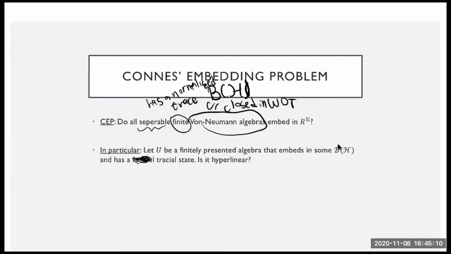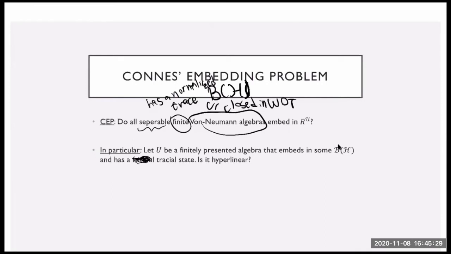And some algebras have this kind of thing and some others don't. But the point is that if you embed in R to the U, since R to the U has a tracial state, you can automatically get a tracial state on your original algebra.